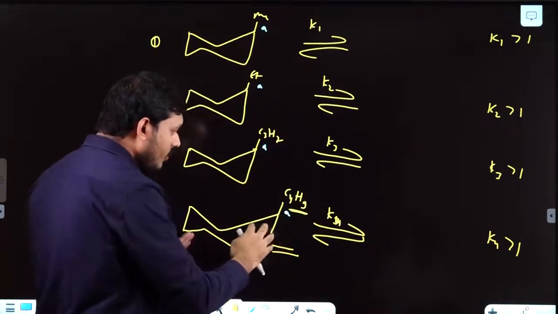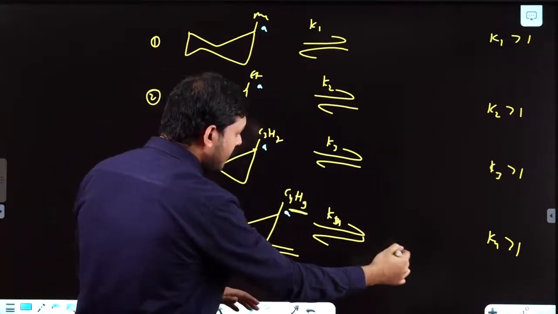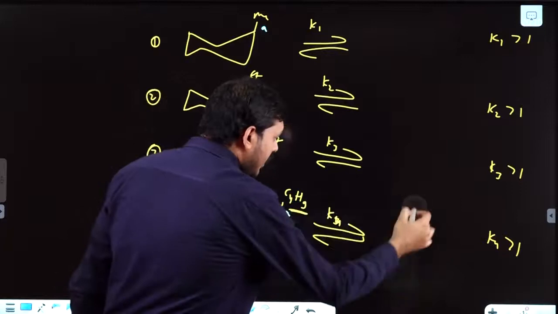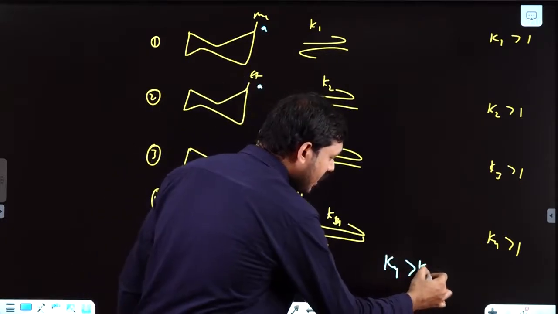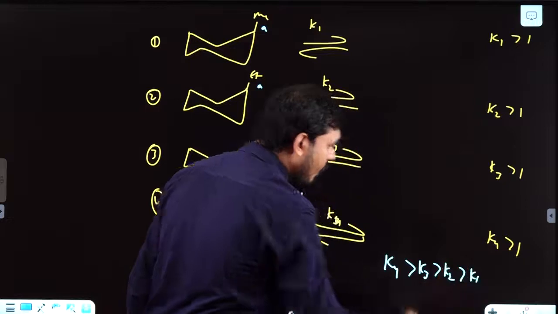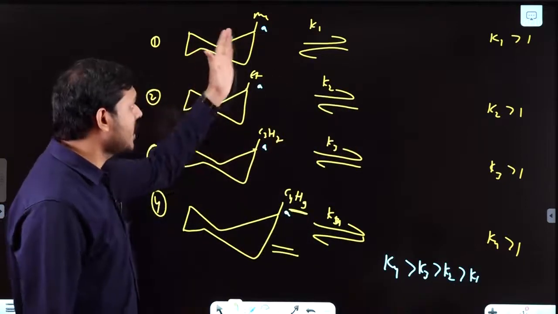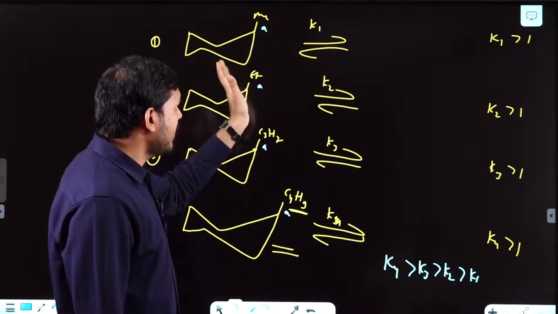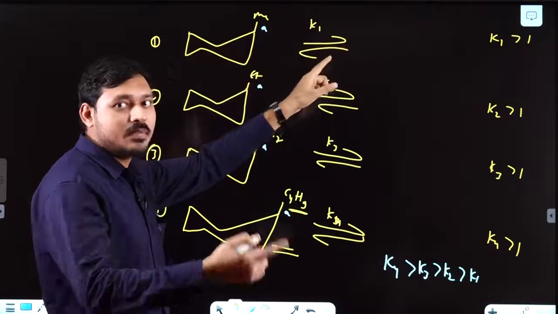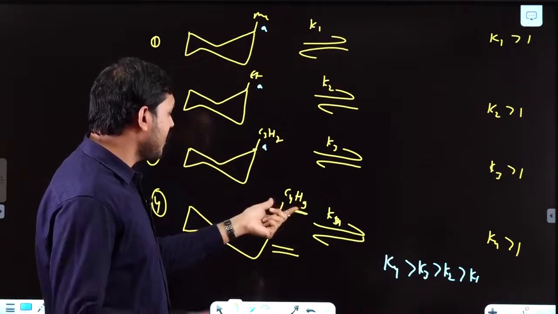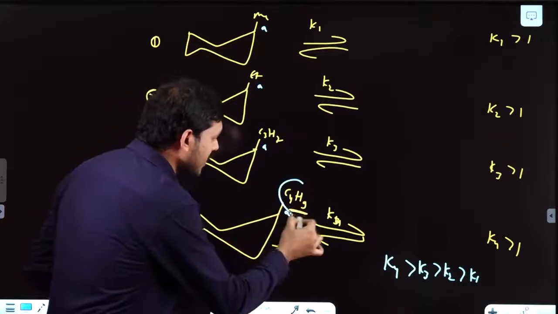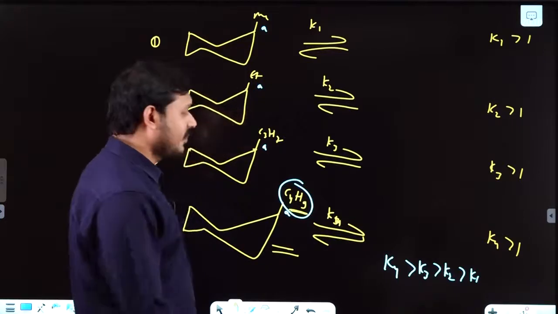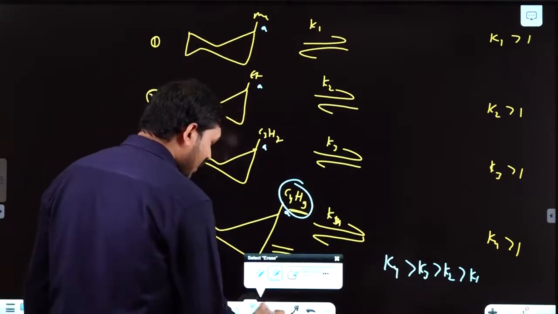So here the concentration of the product part will be maximum. So I can simply say that K4 is greater than K3, greater than K2, greater than K1. If the reactant part and product part both exist at equilibrium, the interconversion from axial to equatorial will be maximum in the case where the most bulky group lies at axial position. This is the bulkiest group, so here conversion will be maximum, so K4 will be maximum. Okay, let's take another example.